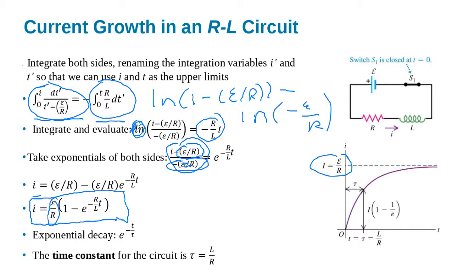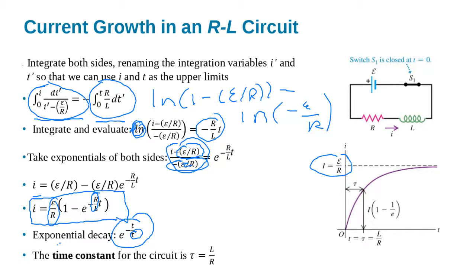So R over L is our factor here. Typically, though, with exponentials, the form is e to the minus t over tau, where tau is the time constant, the time taken to get an increase or a decay by a factor of 1 over e.